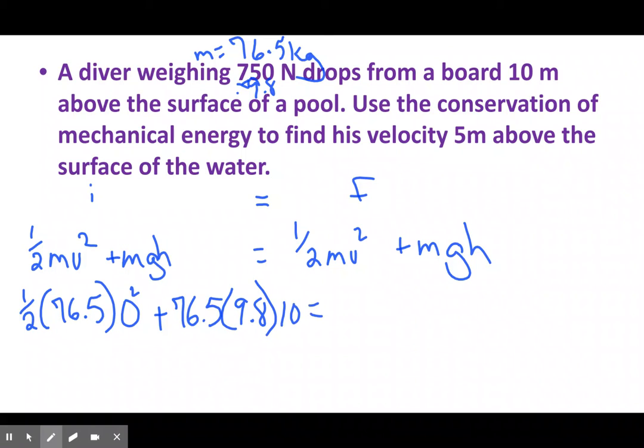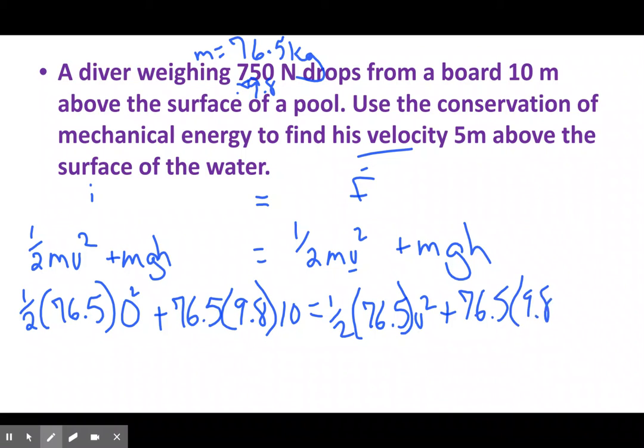On our final side, we're looking for his velocity. So we're looking for v. So 1/2, his mass is 76.5. We're looking for that v. So mass 76.5, 9.8, and his height now is 5 meters above.